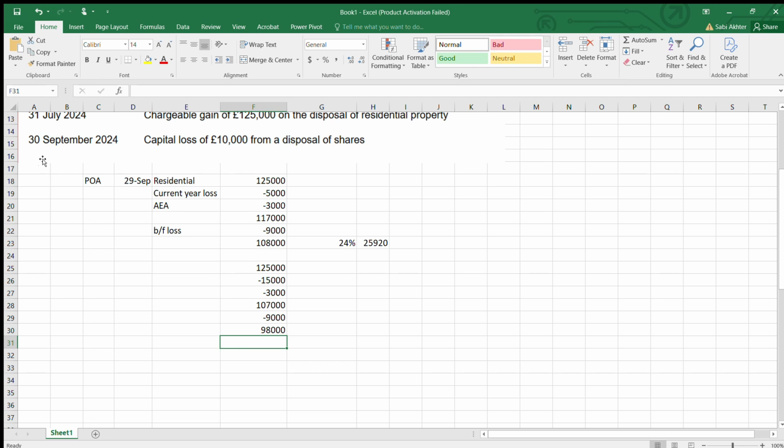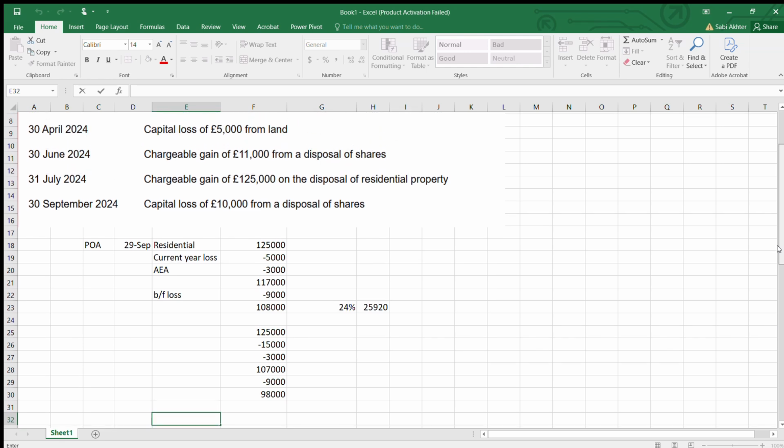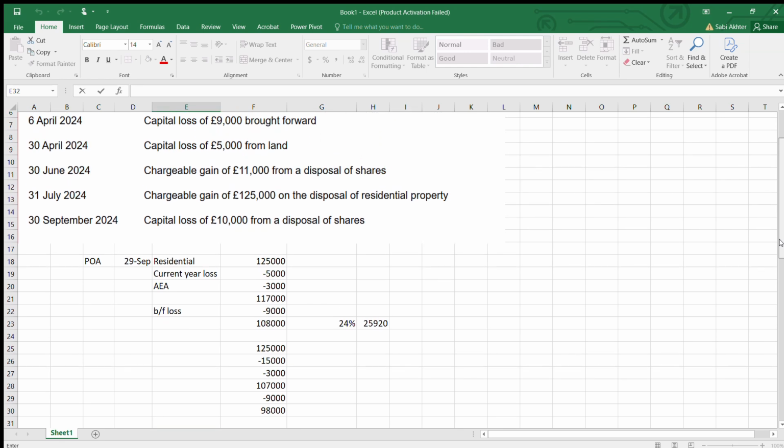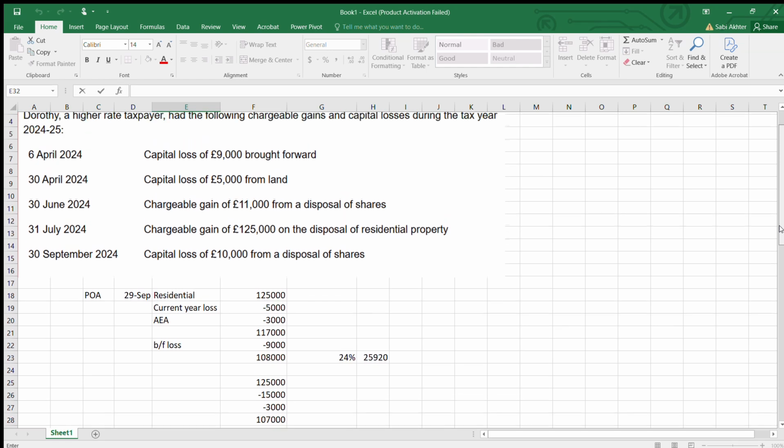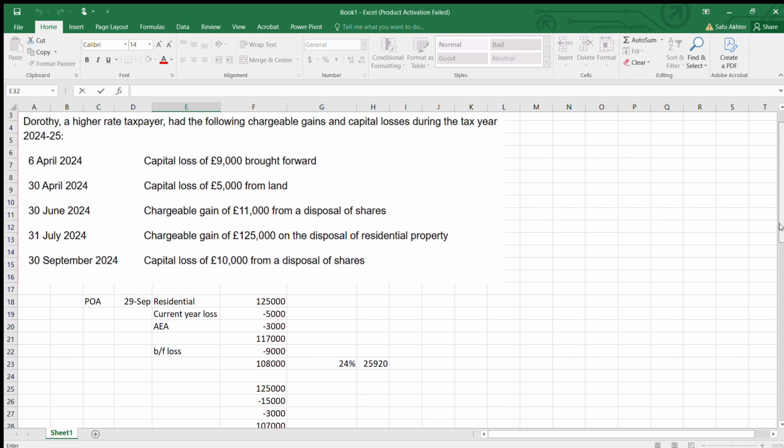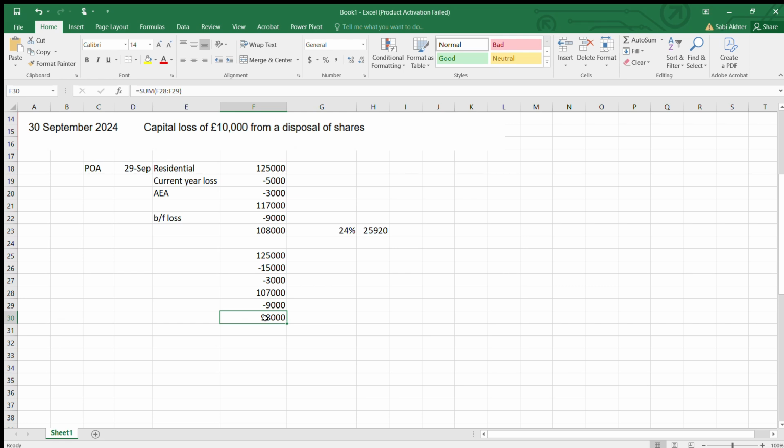You need the other gains of share. Now, this 98,000 is there.